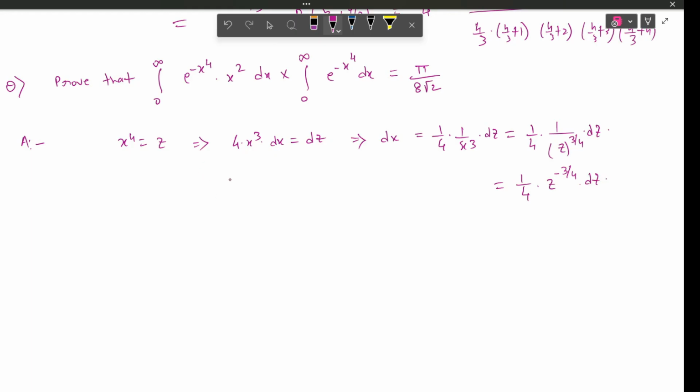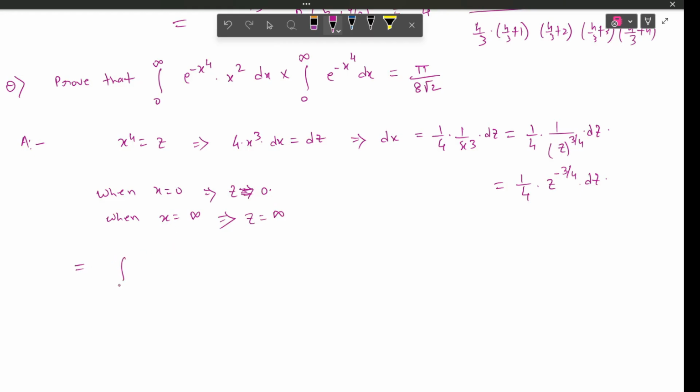Now we have to change the limit. So we can see that when x is 0, z should be 0, and when x is infinity, x to the 4 will also be infinity, so z is infinity.